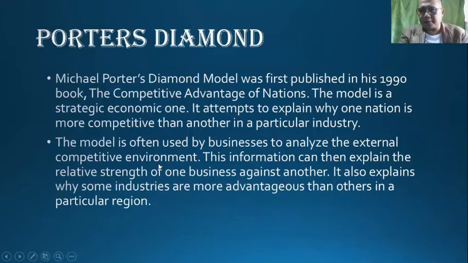Looking back at the diamond, Porter's Diamond, no? This information can then explain the relative strength of one business against another, the firm, and its rivalry. It also explains why some industries are more advantageous than others in a particular region. Like the environment of Japan is really good.